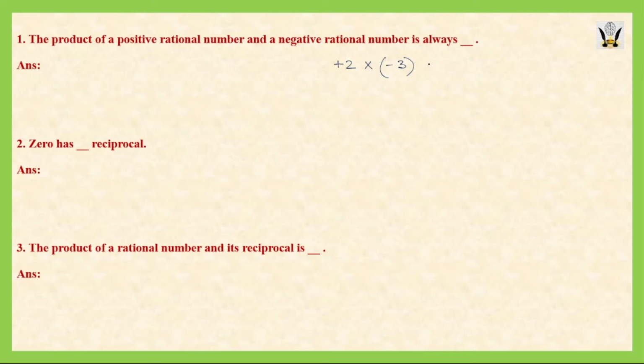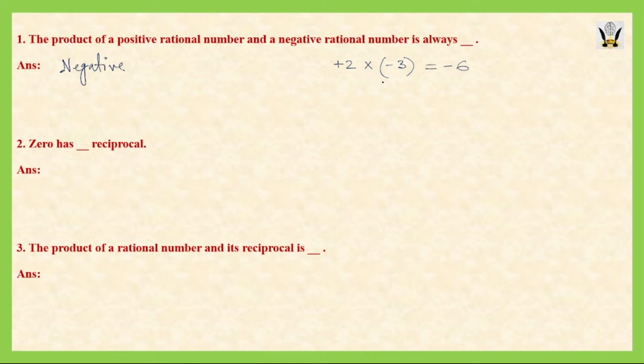If we multiply them, then what is the result? Minus 6. So the product of a positive rational number and a negative rational number will always be negative. The answer here is in terms of sign, whether it will be positive or negative. So here the answer will be negative.